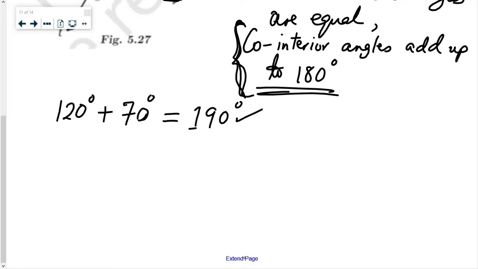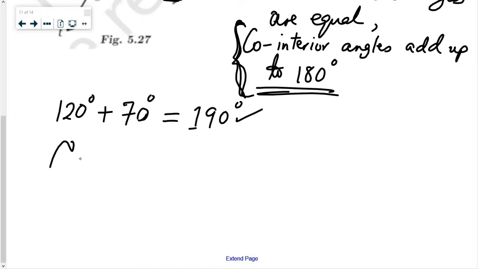We conclude by saying that since co-interior angles add up to 180 degrees, and in this case, we got 190 degrees instead of 180, this indicates that the two lines are not parallel.